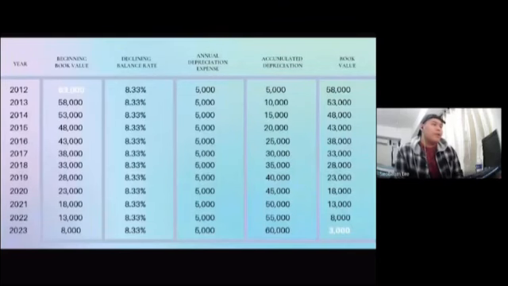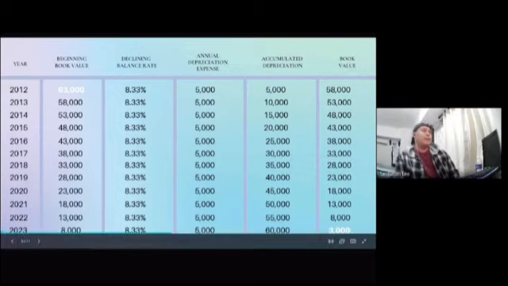Then we will have a total of $53,000 of book value after subtracting the 10,000. Every year the system repeats until we end up with $3,000 book value in 2023, which is our salvage value, after removing all the depreciable cost. Next slide, please.